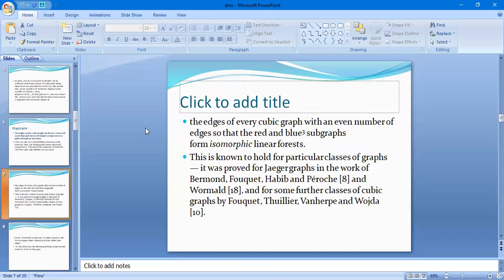This is known to hold for particular classes of graphs. It was proved for gear graphs in the work of Bahrami, Font, Habibi, and Wormald, and for some further classes of cubic graphs by Fouquet, Van Heerfen, Wajda, etc.